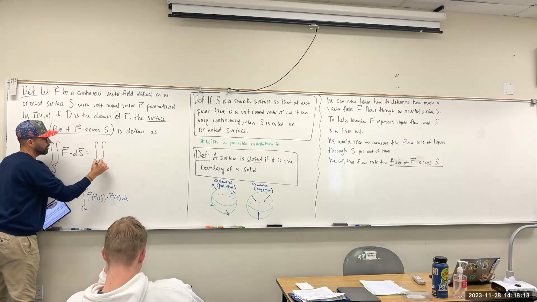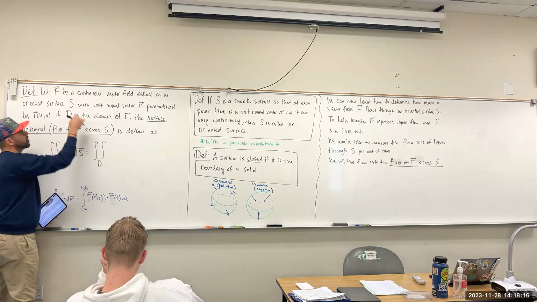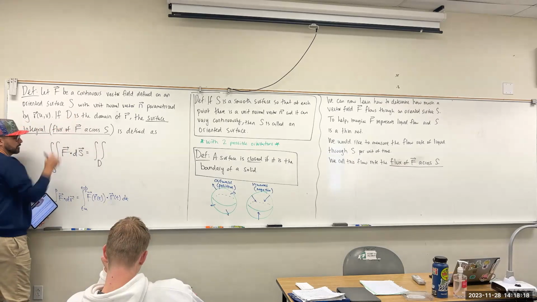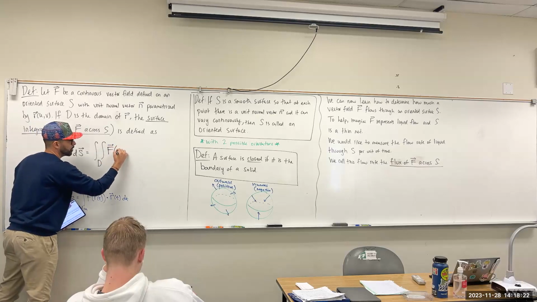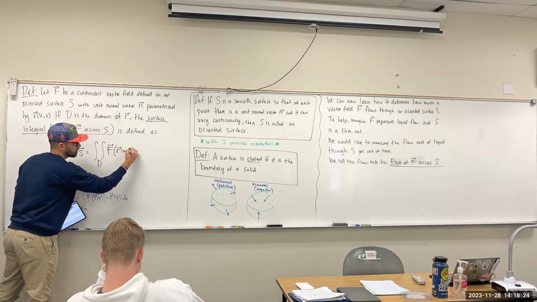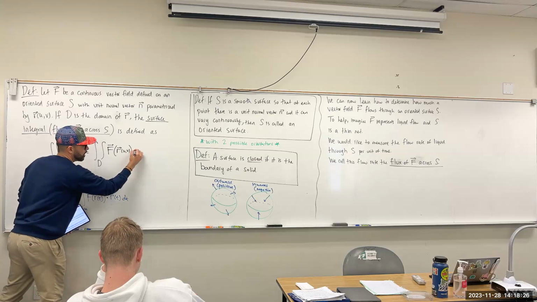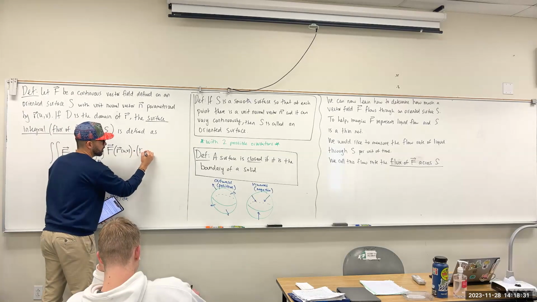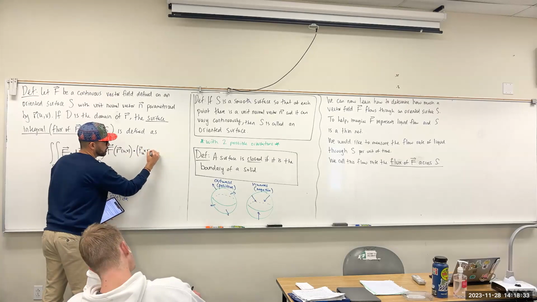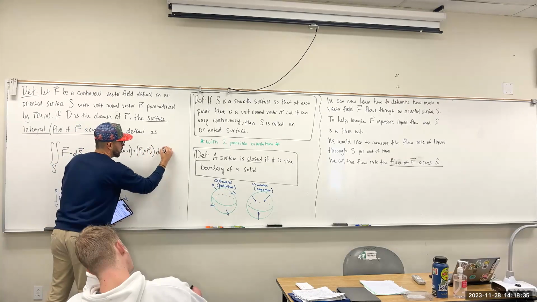It's going to be defined as the double integral over the domain of your function of F composed with R of u, v dotted with the cross product of the partials, dA.